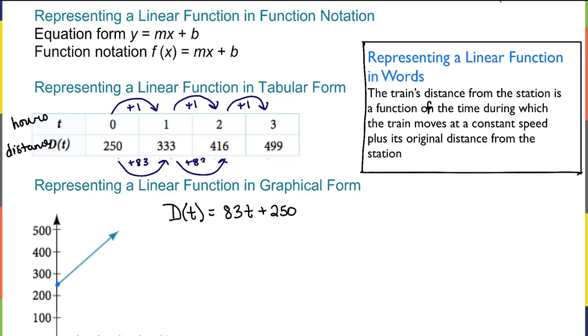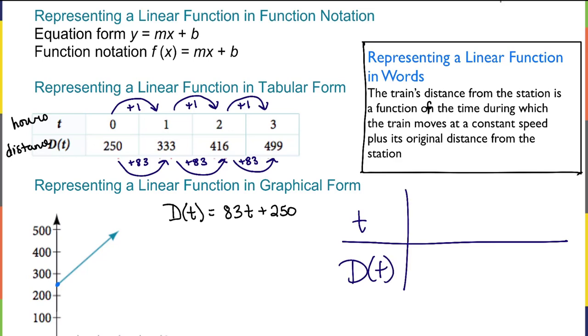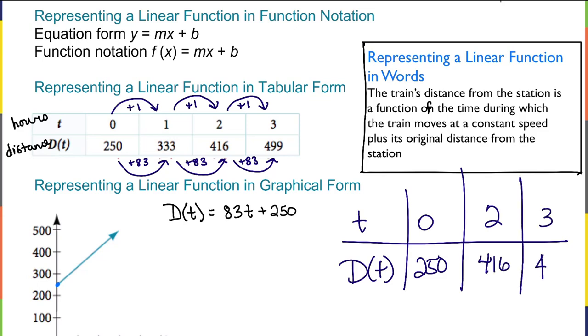If I had the same table with the point 0, 250, and then we skipped the 1, this went up 2 and this went up 166, it's still going up at a constant rate because over 2 hours it went up double the 83.